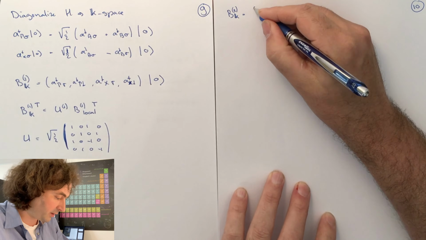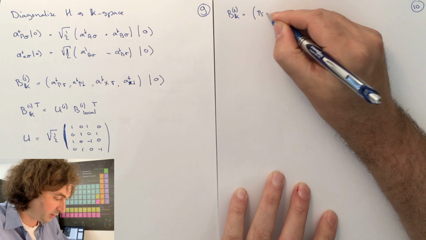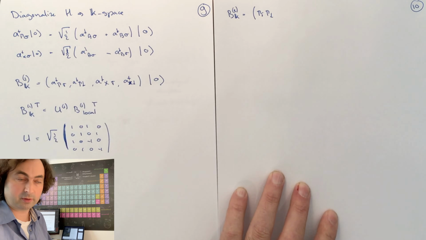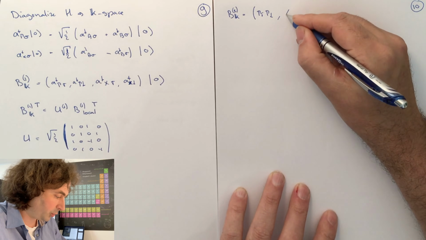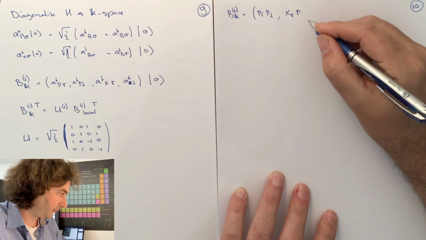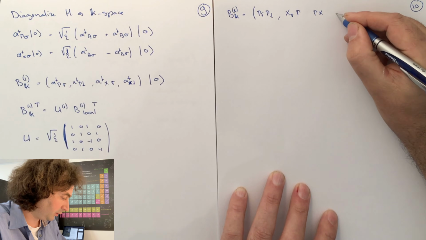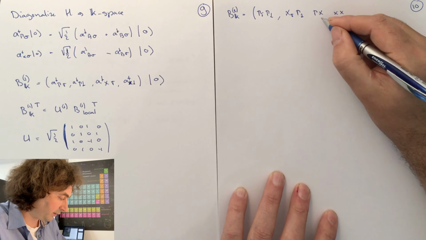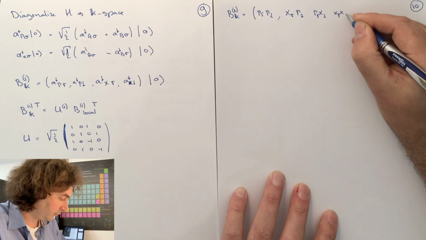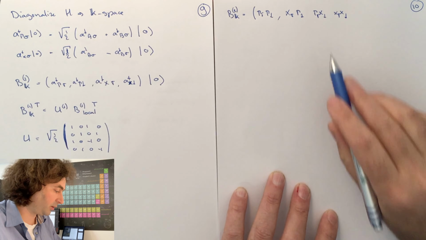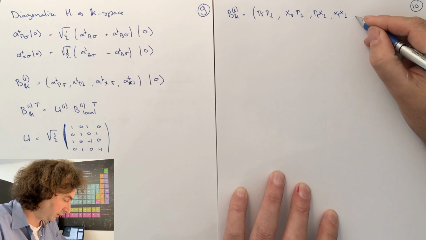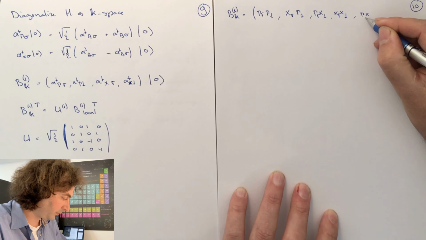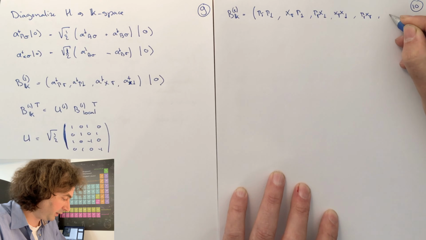So for the 2 particle basis we can define it in a similar way as we did for the local basis, but now in k space we have gamma and X, and again using a similar shorthand we have for the Sz is 0 states gamma gamma, X X, where I take spin up, spin down, and then we have the Sz is +1 and the Sz is -1 state.